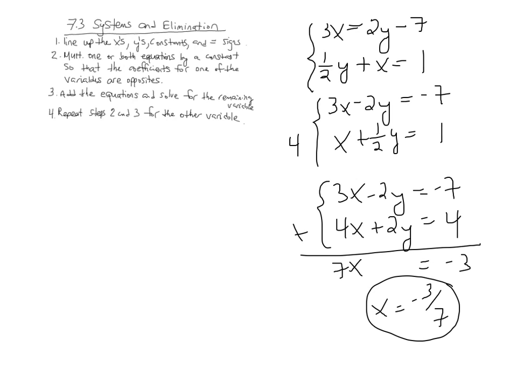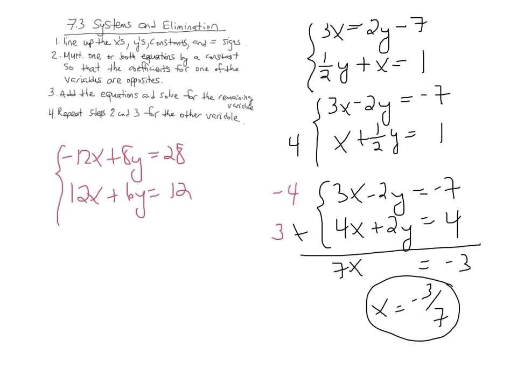Now to eliminate the x's, I am not actually going to go back to this equation because it has fractions in it. I'm actually going to go to this equation and now make my coefficients of my x's be opposites. So the least common multiple here is 12. So I'm going to multiply the top equation by negative 4 and the bottom equation by 3. And I'll do that over here. Negative 12x plus 8y equals 28. 12x plus 6y equals 12.